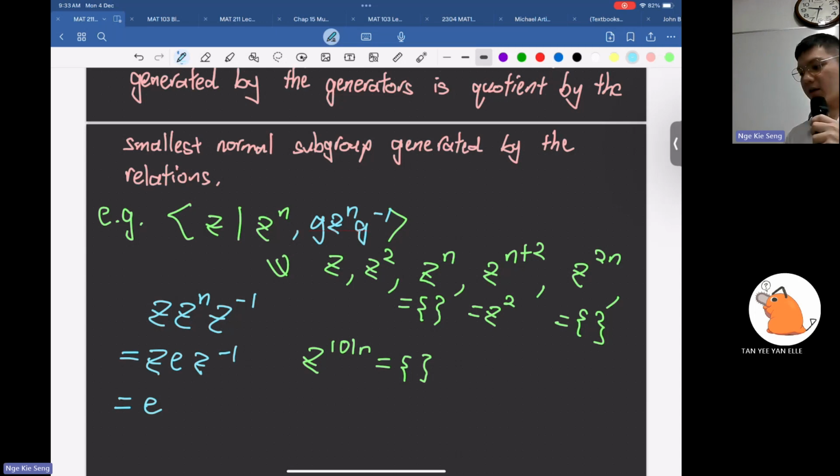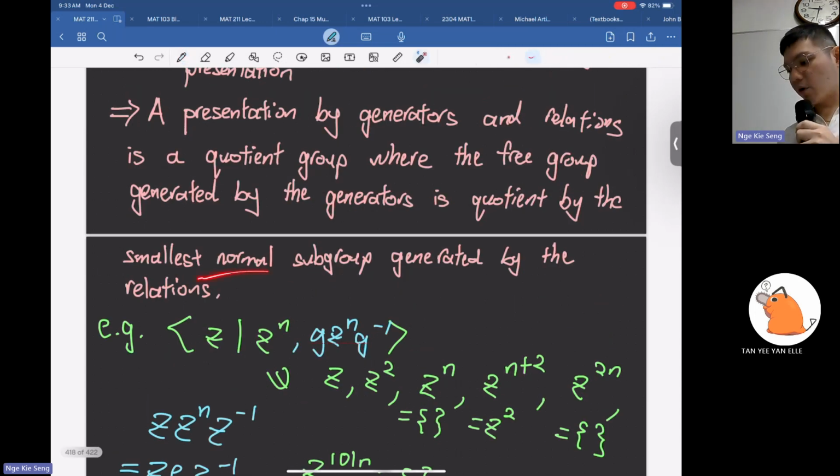Okay, so that's why we consider the quotient by the smallest normal subgroup. What's the definition of a normal subgroup? Anyone can recall? A subgroup N is normal in a group G if for every element g in G, g N g inverse is a subset of N. So it contains all the conjugates.